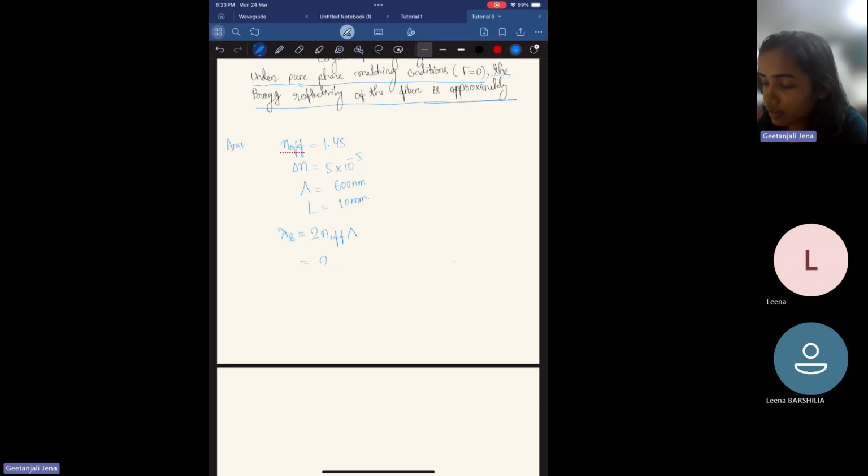N effective is given, it is 1.45, and the grating period is 600 nanometer. So this will be 1740 nanometer.